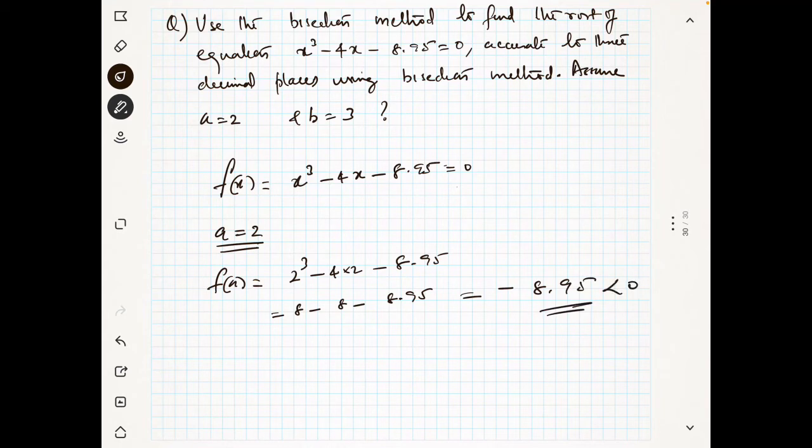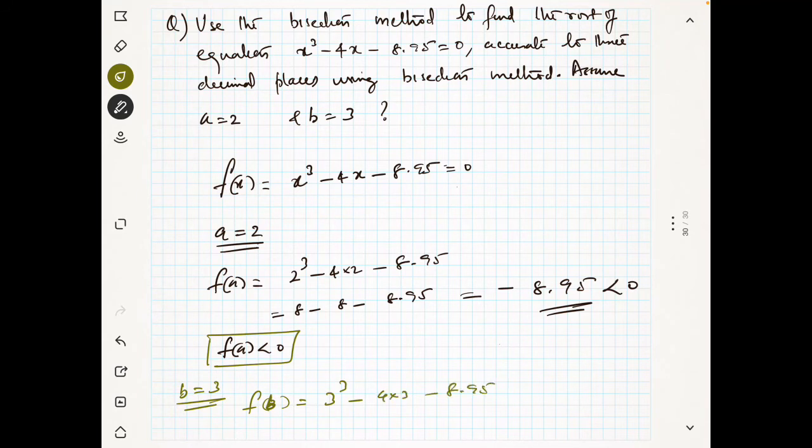So f of a is less than 0. Now we will see the situation for b. b equal to 3. Now f of b is 3 cube minus 4 into 3 minus 8.95, so you will get 6.05, which is greater than 0.